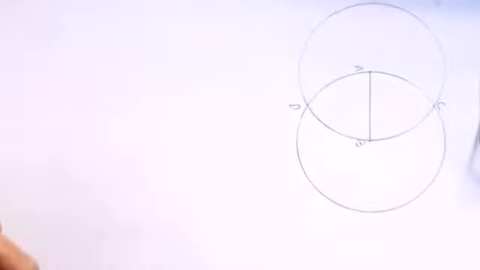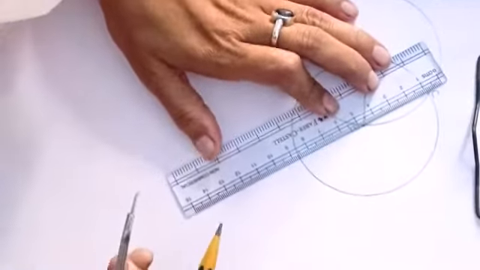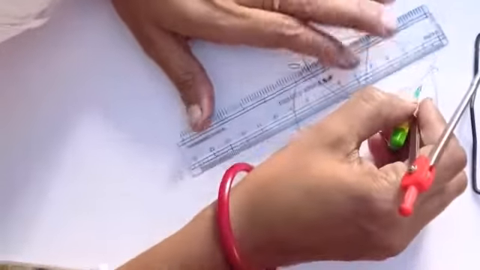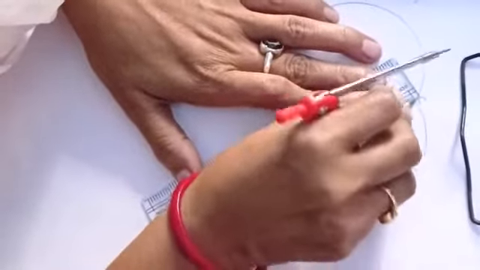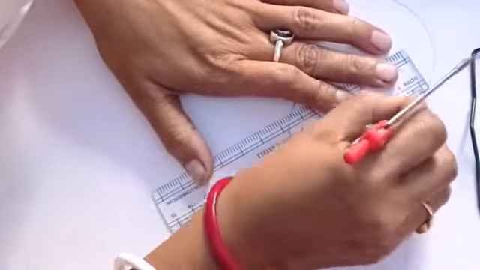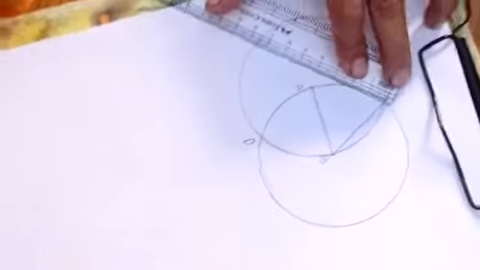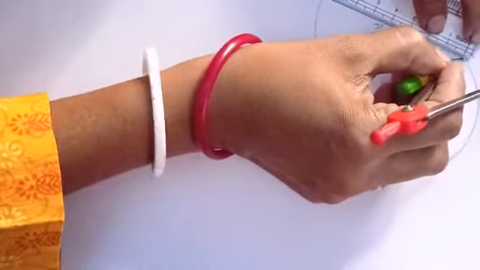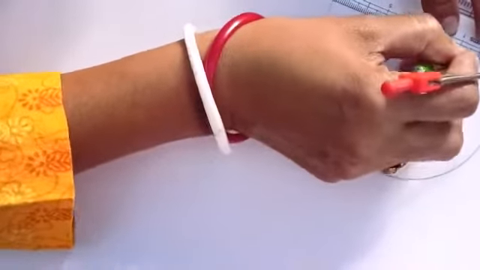For that, the first thing we can do, afterwards we will come to join them. First I have to join CB and AC. Let's join them. Here C to B, this one, then C to A. If you measure, you can see that all the measures will be equal.